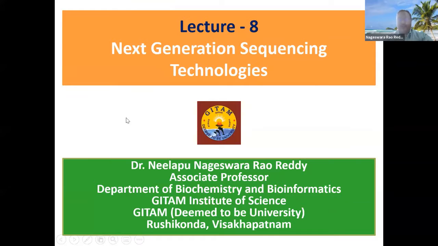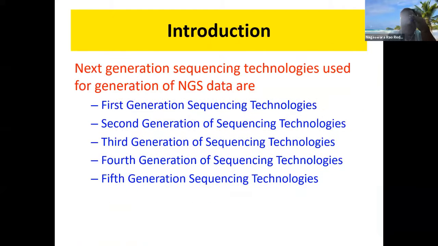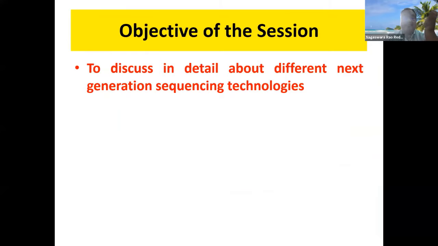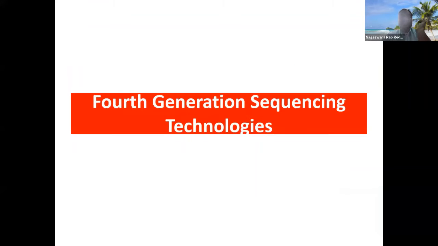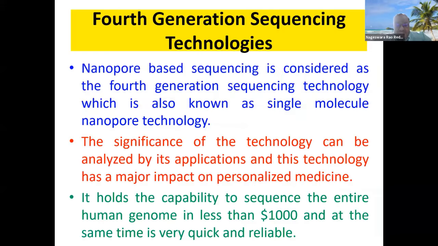Okay. So now we'll see what are the next fourth generation sequencing technologies. Fourth generation sequencing technologies is actually nanopore based sequencing. We have seen already how sequencing was done using the protein nanopore, that is Oxford nanopore technology.